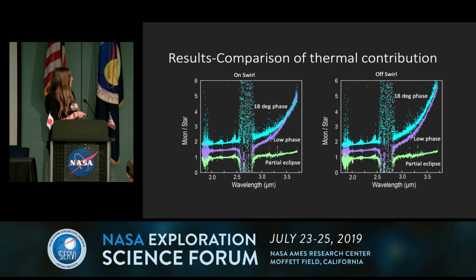So you can see here, this is kind of a normal thermal component, and then at low phase angle, we had a higher thermal component, but then when we went into partial eclipse, it went way down compared to the others. And these two graphs show both an on-swirl example and an off-swirl example, since we'll be comparing the two.